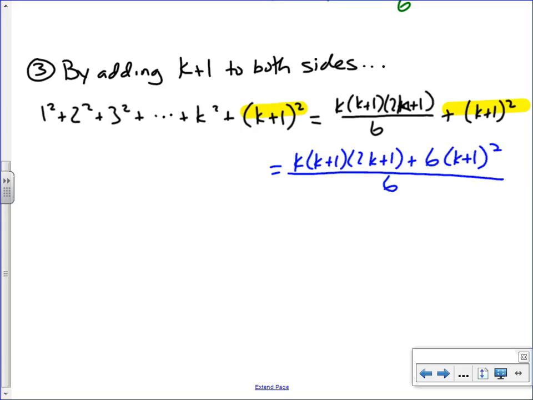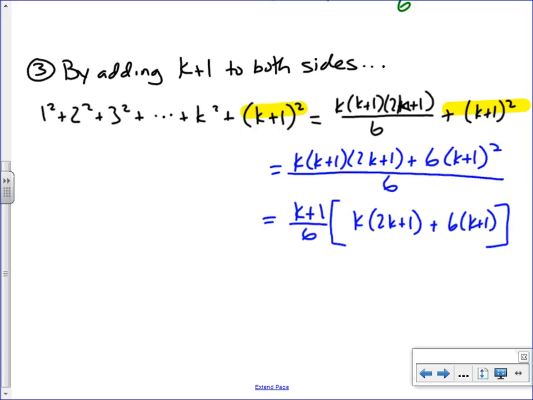GCF. Nice. K plus 1 over 6. That just leaves k times (2k plus 1) plus 6(k plus 1). True.